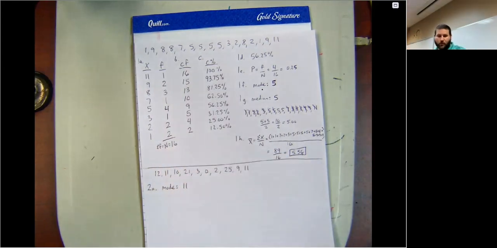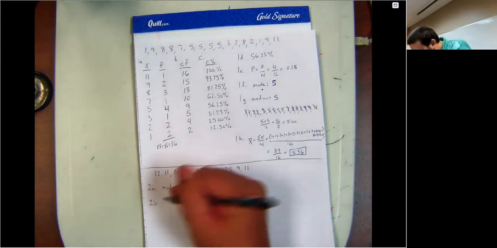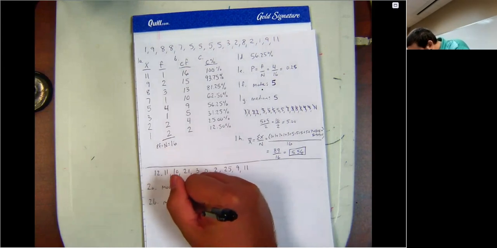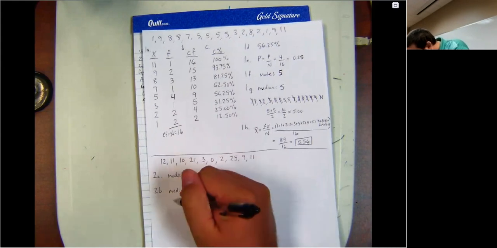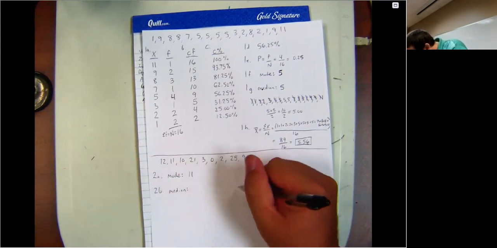Okay, so now what is the median of the distribution, 2B? Well, we're going to record the value here, but let's go ahead and put all the numbers in chronological order next to the median.